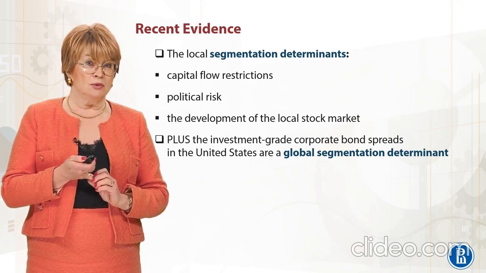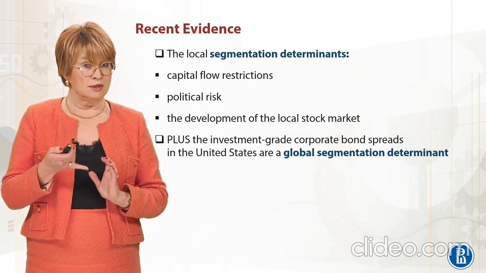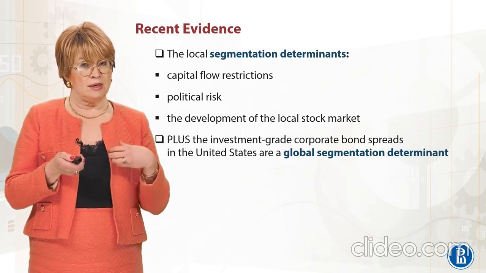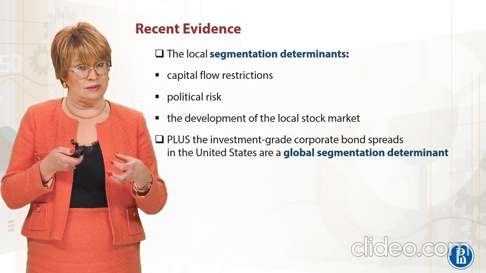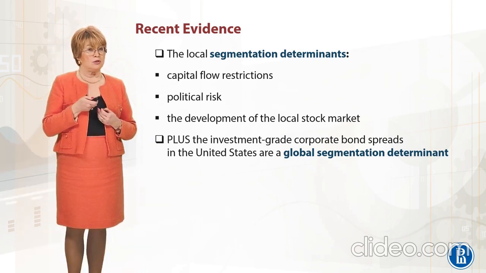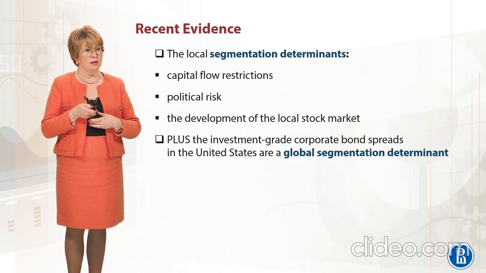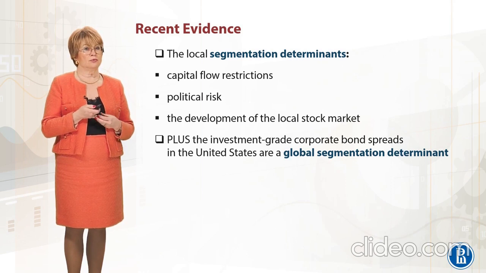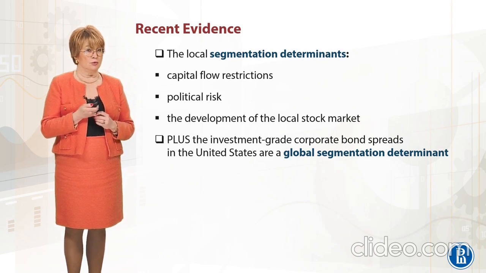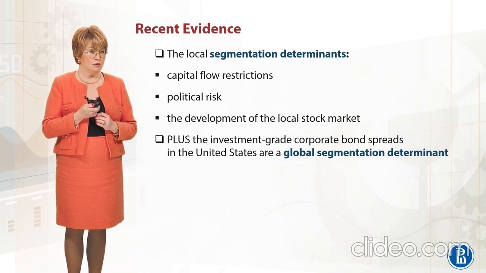The recent evidence also shows that the local segmentation determinants are mostly due to capital flow restrictions, which may still exist in emerging capital markets that look like segmented capital markets. Political risk factors are also driving that segmentation, and the trends in the local stock markets are also driving it.